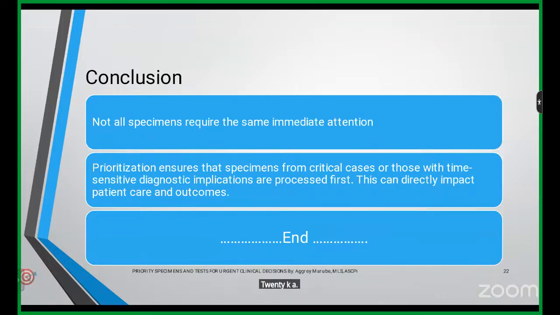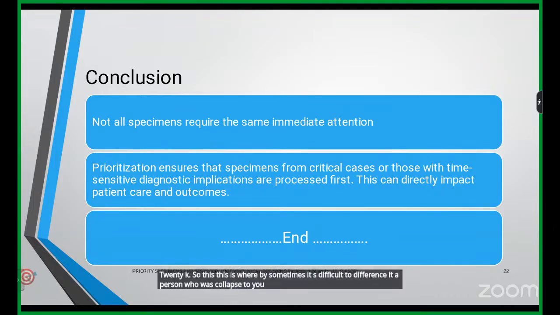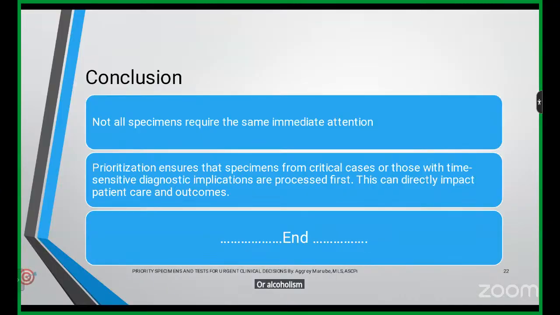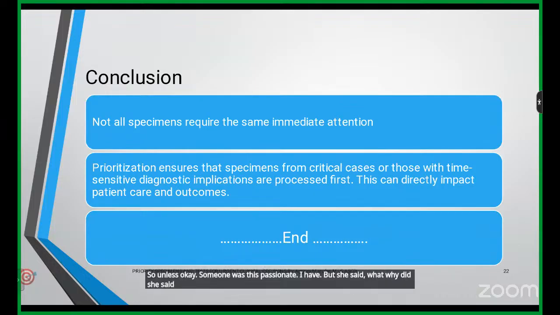So this is whereby sometimes it's difficult to differentiate a person who has collapsed due to DKA or alcoholism. You might not notice unless someone knows this person, unless someone is able to identify that this is an alcoholic and is diabetic.